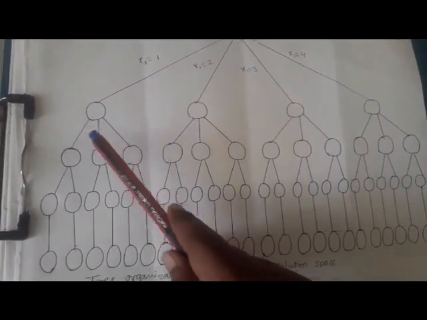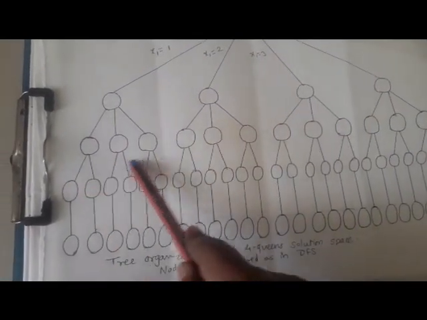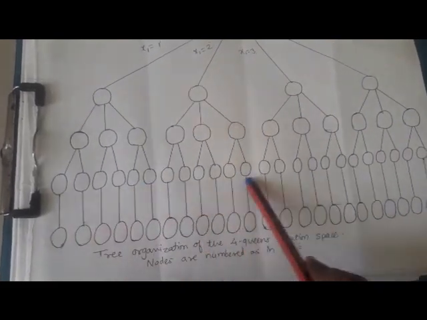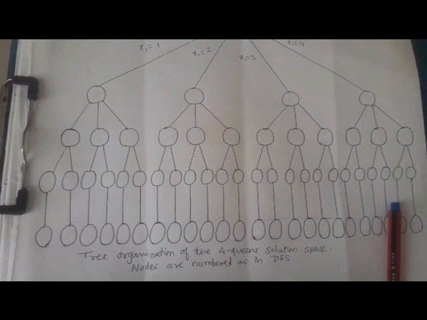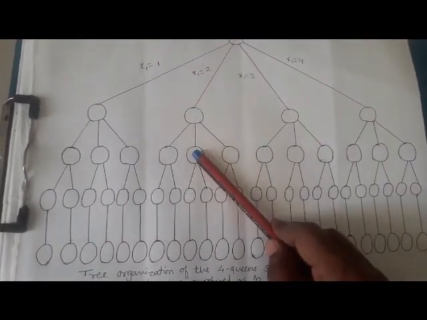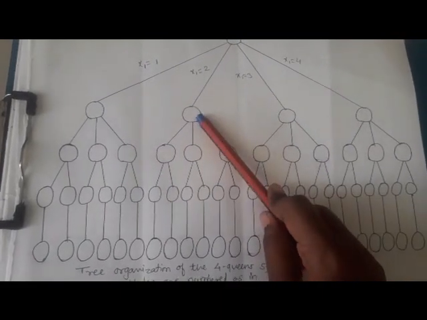Now this level shows the values for x2, then it shows the values for x3, and it shows the values for x4. Edges from level 1 to level 2 nodes specify the values for x1.